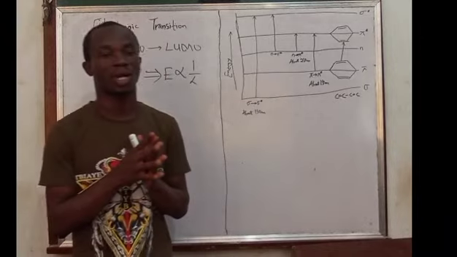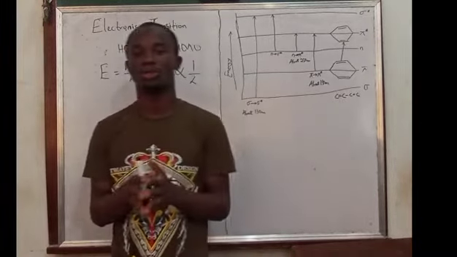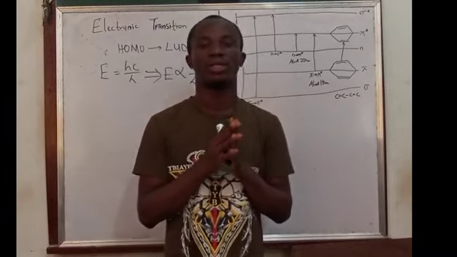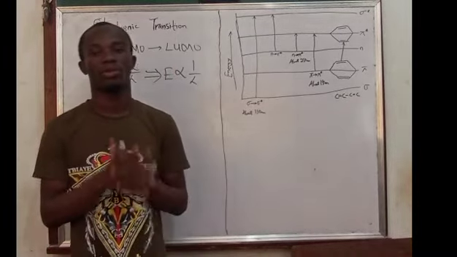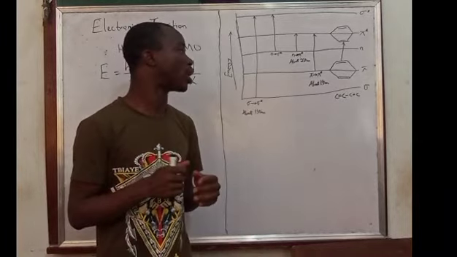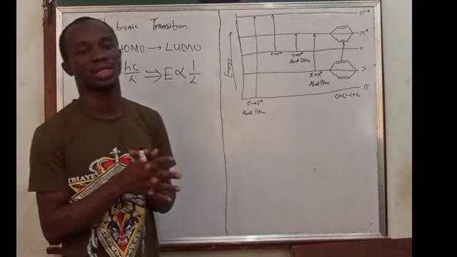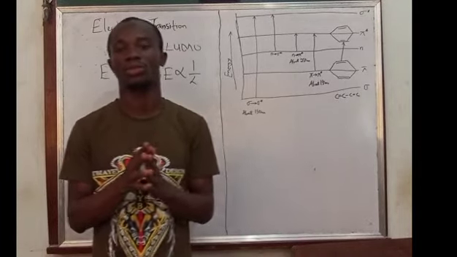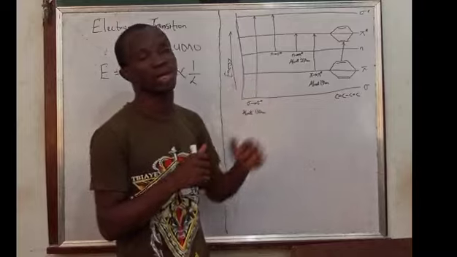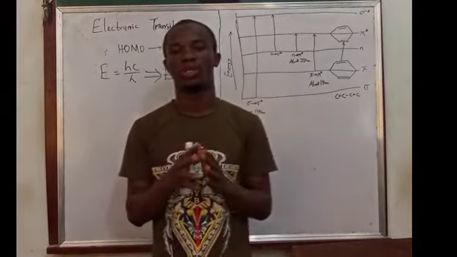We have different kinds of molecular orbitals, starting from the sigma bonding molecular orbital, the pi bonding molecular orbital, and the non-bonding molecular orbitals. Depending on where the electrons transit from and to, we can have different kinds of electronic transitions that can occur when molecules absorb UV light.